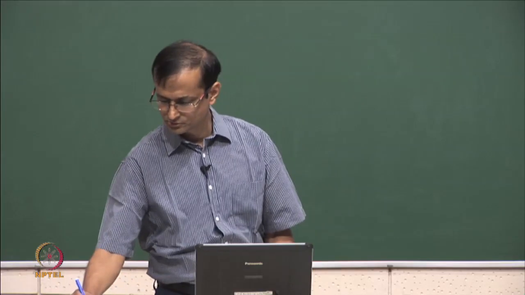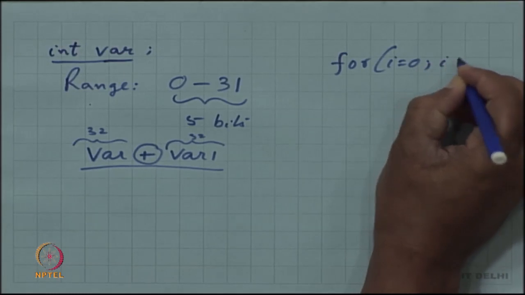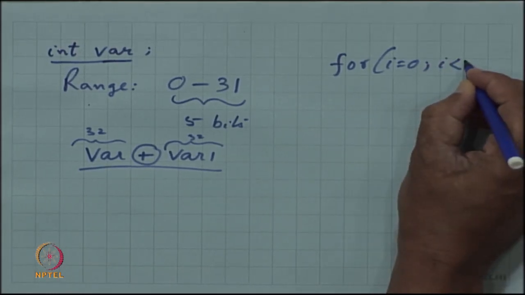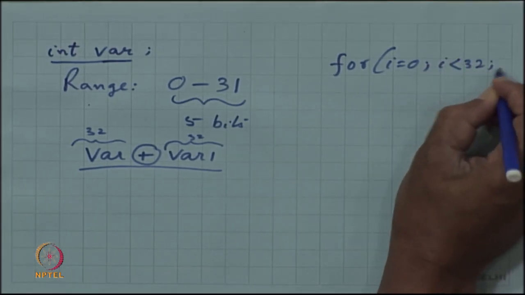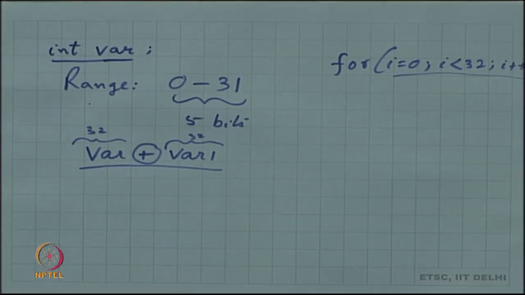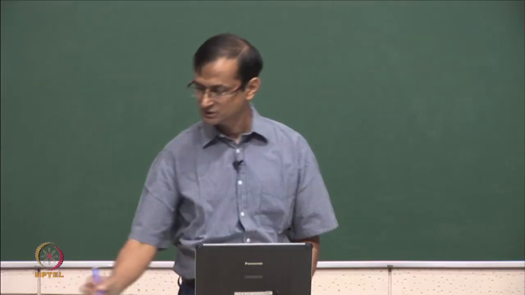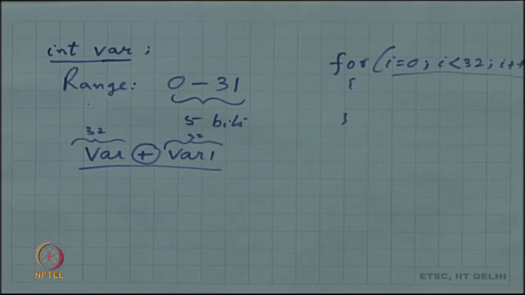The way you write a for loop, okay, this is the only thing that is happening. I++ is the only update that is happening. There is actually enough information in there for a tool to infer automatically that the range is 0 to 31, not beyond that.